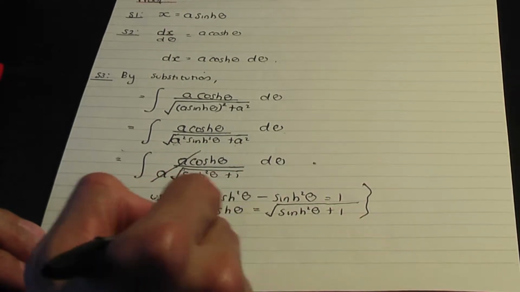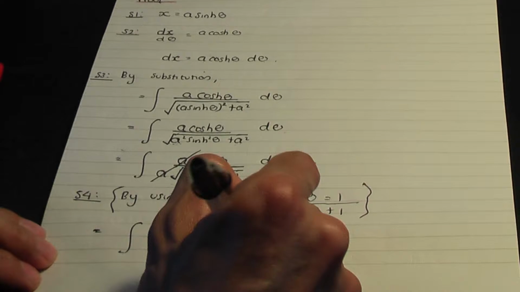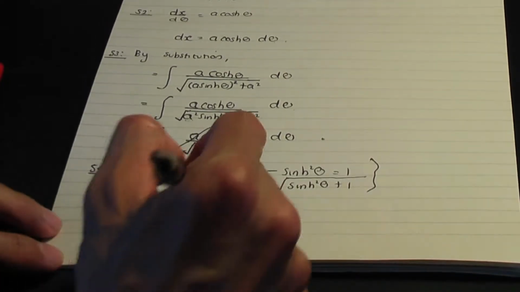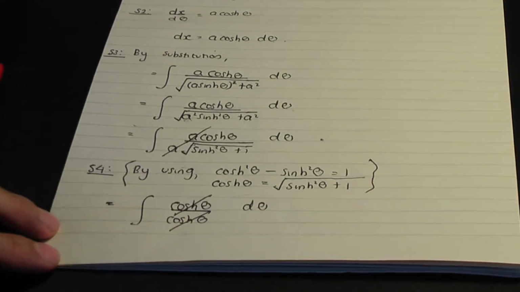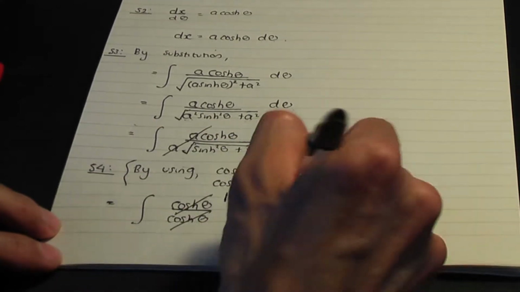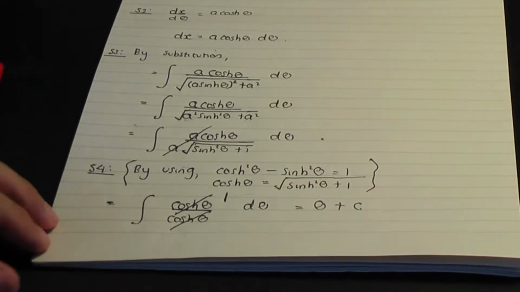This root term can be replaced by a hyperbolic cos theta below, with respect to theta. Okay, so as a result, these two terms will cancel, giving us 1 to integrate, and when you integrate 1, of course, you'll get theta plus c.